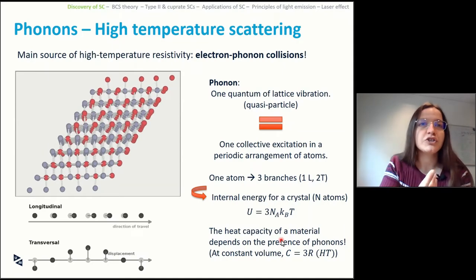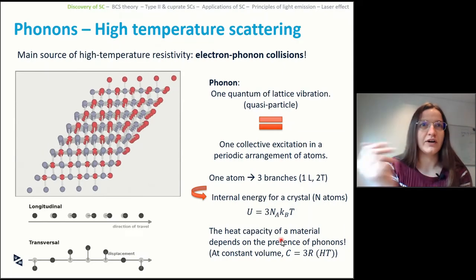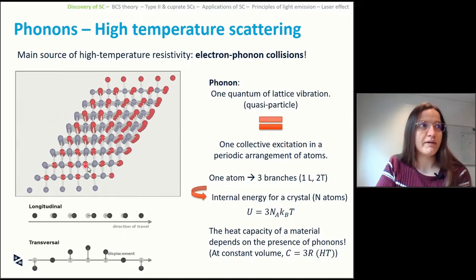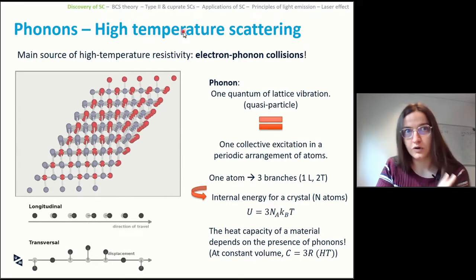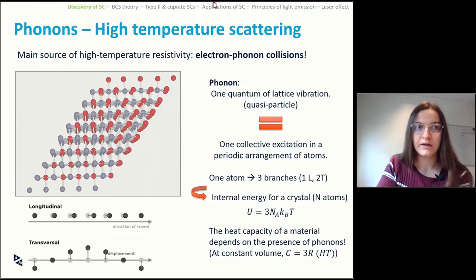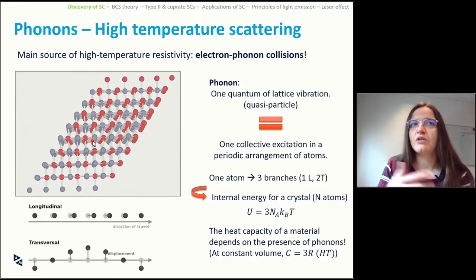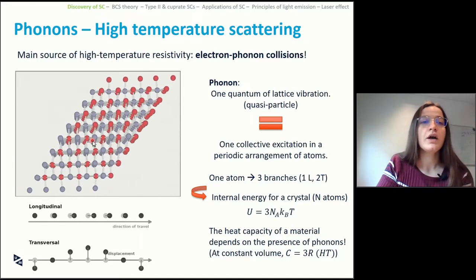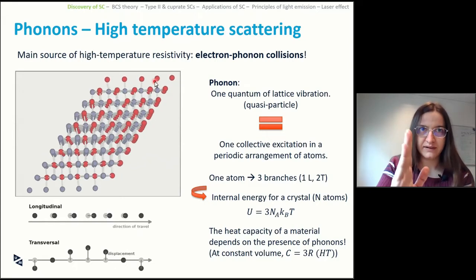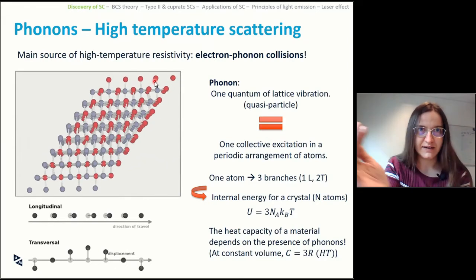So the collision with a phonon: your electron is trying to sweep around this structure happily and just conduct, go somewhere else where it feels the lower potential where it can actually end up. But as it's trying to go through in its free path, at some point it might hit a lattice vibration.